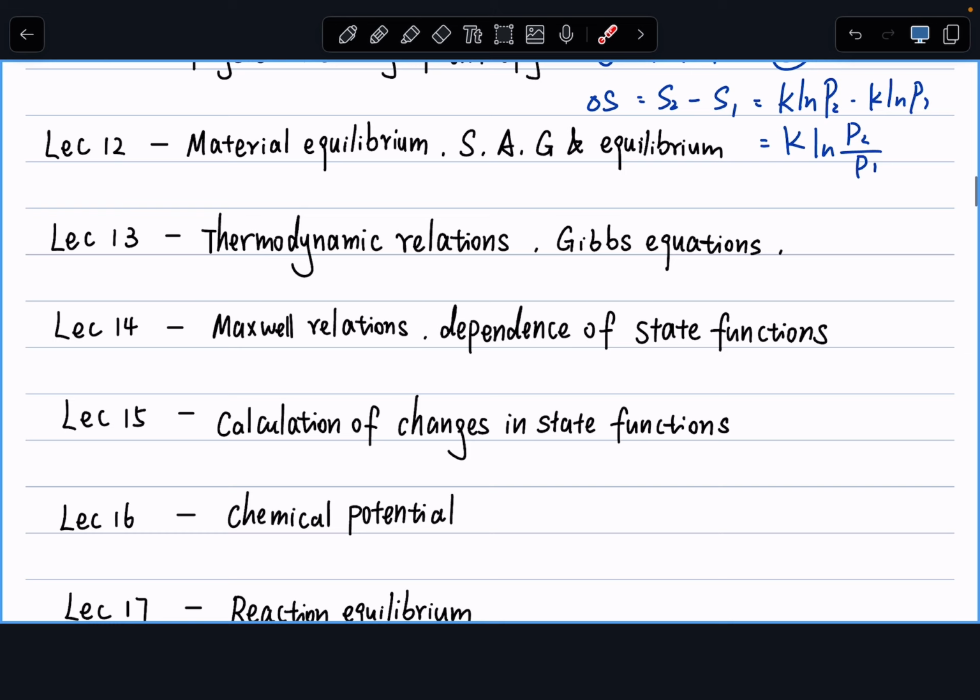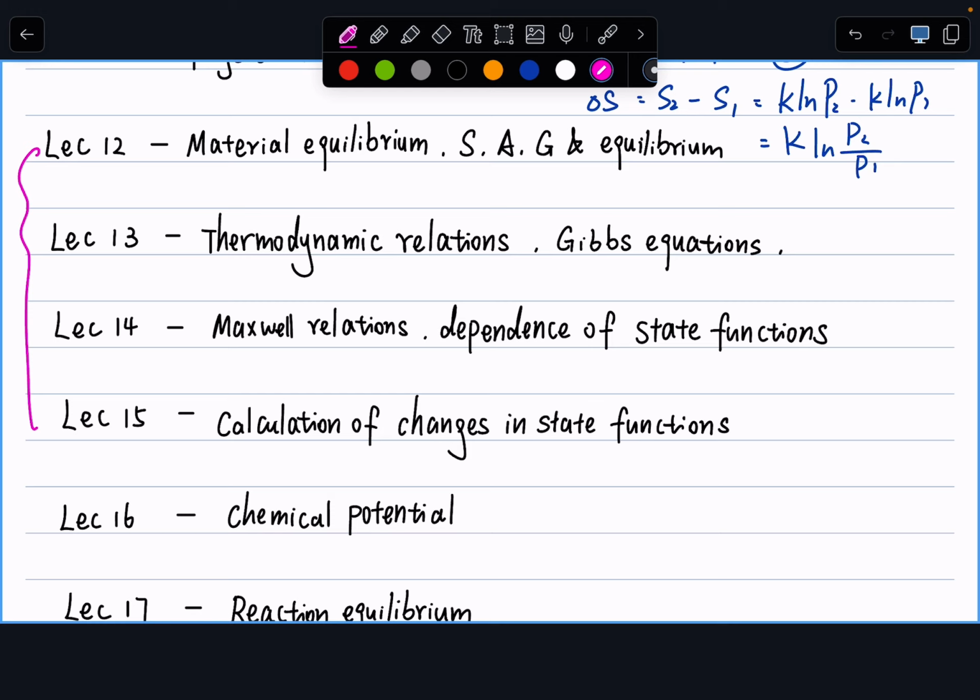Then lecture 12, 13, 14, and 15, these 4 lectures are internally connected to each other. So in our lecture 12, we started by introducing material equilibrium. Like, what is material equilibrium? It contains phase equilibrium and reaction equilibrium.